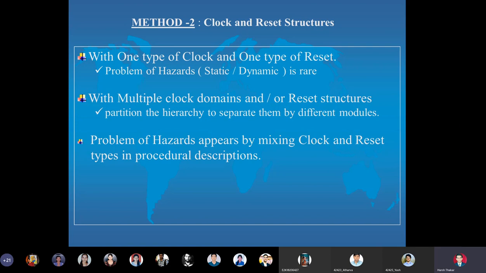So static 0 and static 1 hazards are problems wherein the output is supposed to remain 0 but you get a 1, and the output is supposed to remain 1 but you get a 0. Similarly, there is a dynamic hazard wherein it is unpredictable whether the output will be a false 0 or a false 1.